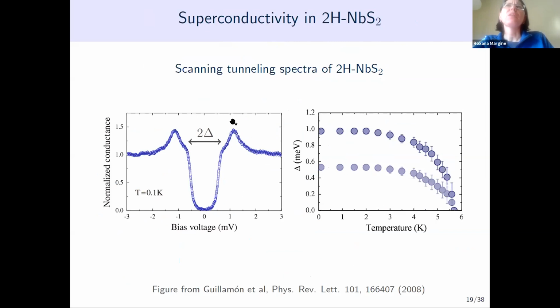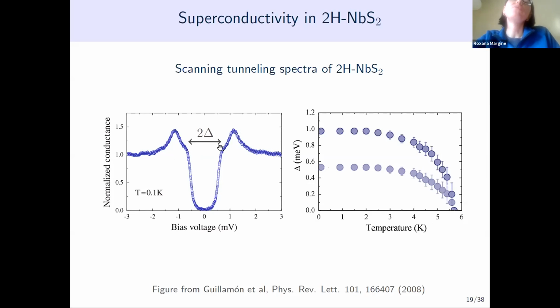Scanning tunneling spectroscopy measurements of this compound showed two pronounced features, one at around 0.5 and one at about 1 milli-electron volts below the critical temperature. The critical temperature in this compound is 5.7 K. And these two features are an indication of two-gap superconductivity.